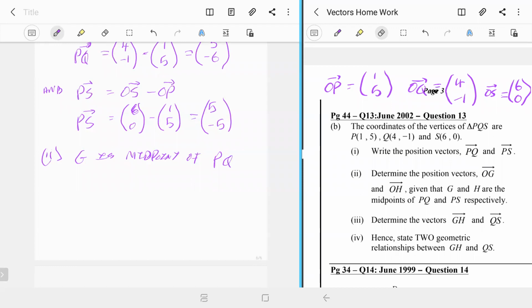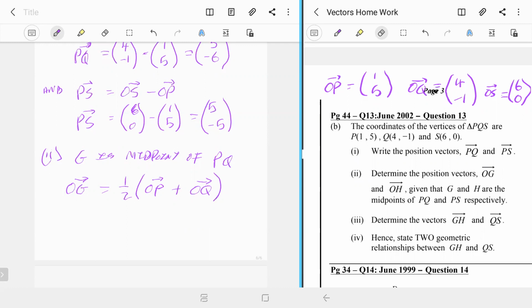Therefore, OG is half of OP plus OQ. The position vector of G, which is a midpoint, is half OP plus OQ, like an average point.